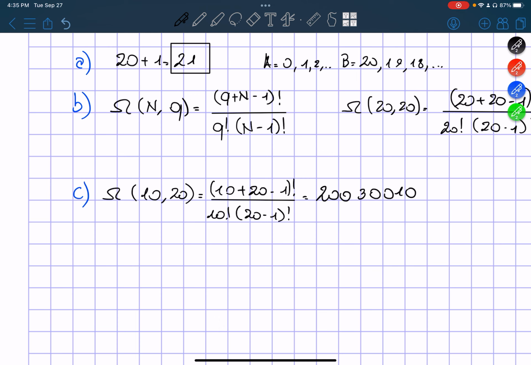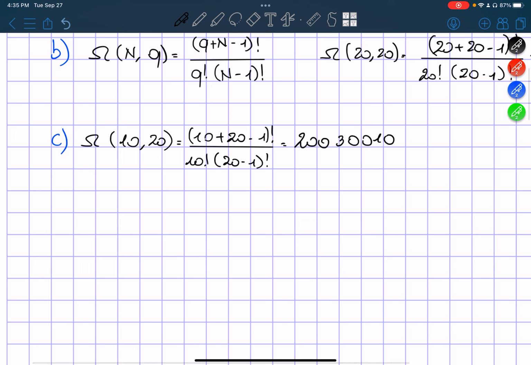Remember that this is not the probability. So the probability is this number that we just found, the microstates for 10, 20, divided by the total.